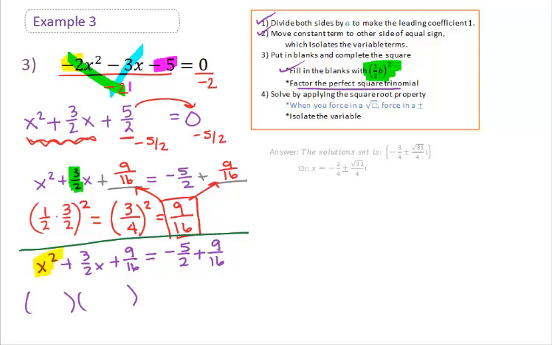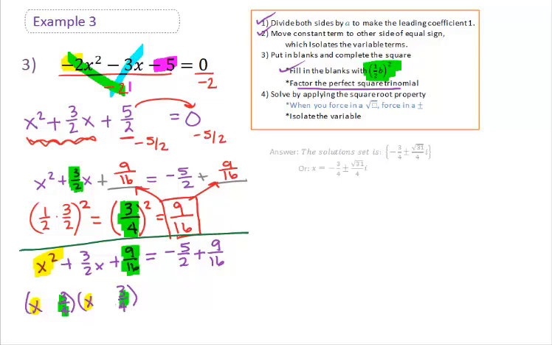Factors that give me x squared to go in my first places come from x times x. Factors for my 9 over 16 to go in my last places. Remember, those are always going to be the same thing here before you square it. So that's going to be a 3 over 4 and a 3 over 4.